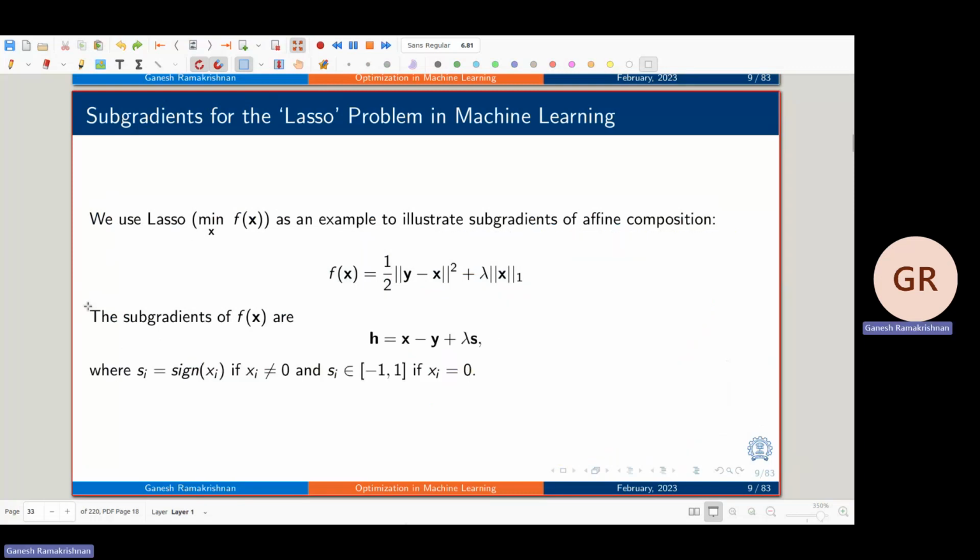Okay, so this is the subgradient of f, which looks like h equals x minus y plus lambda s, where si is sign of xi. So basically si is sign of xi if xi is not equal to 0, and si is anything between -1 and 1 if xi is equal to 0. The same canonical figure which I had shown earlier, right?